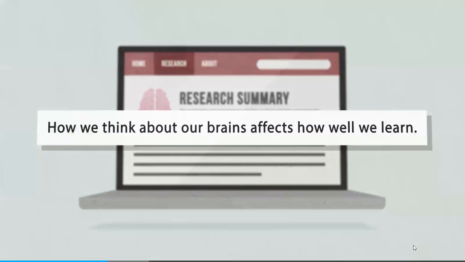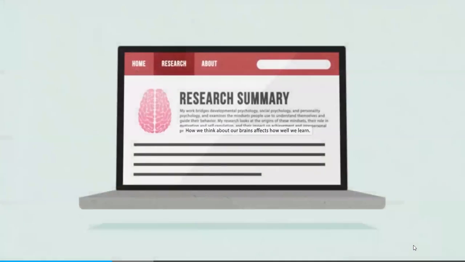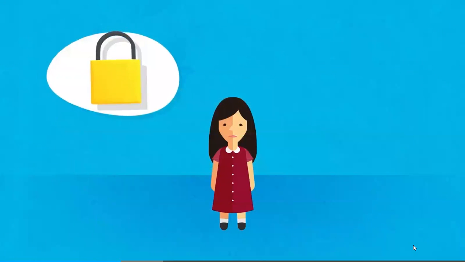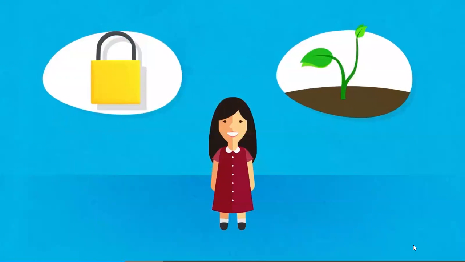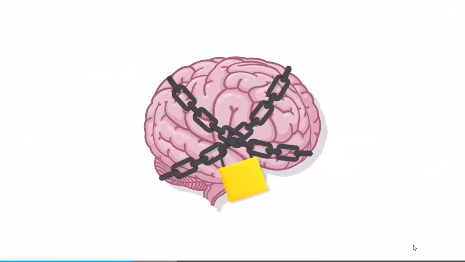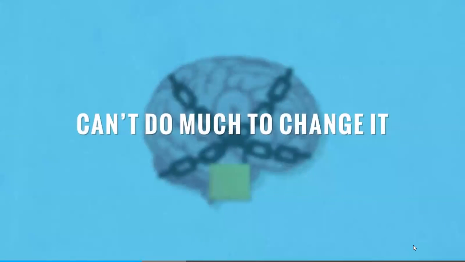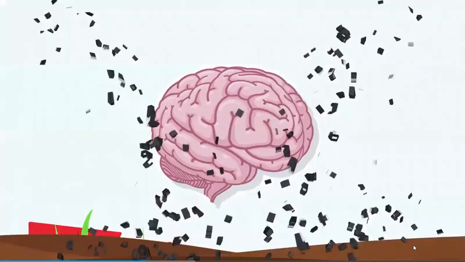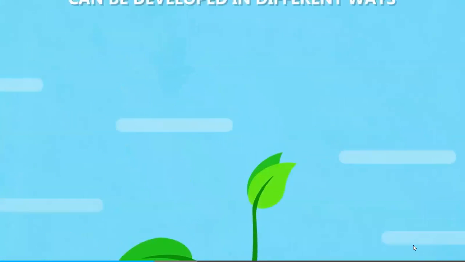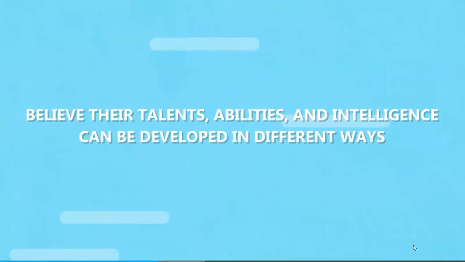According to Stanford University psychologist Carol Dweck, how we think about our brains actually affects how well we learn. Dweck says that people generally think with one of 2 different mindsets, a fixed mindset or a growth mindset. People with a fixed mindset believe that their intelligence is fixed at birth and they can't do much to change it. People with a growth mindset believe that their talents, abilities, and intelligence can be developed in different ways.